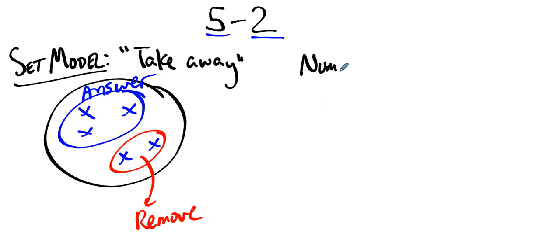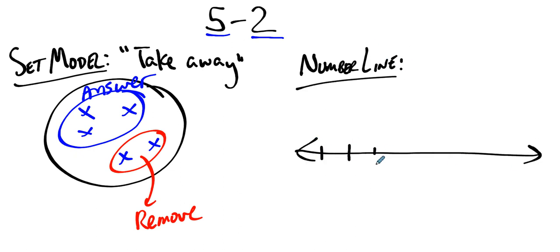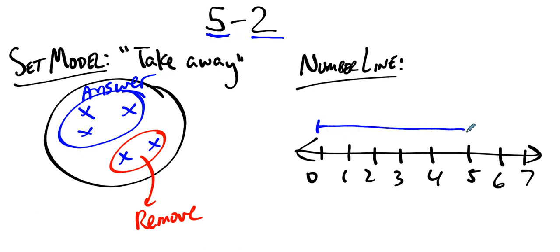You can also do this with the number line model. In the number line model, we remember that a number line is a line with numbers on it. You said that. Yes, I understand. We start at 5, right? This is our starting place. And then we move 2 in the other direction.